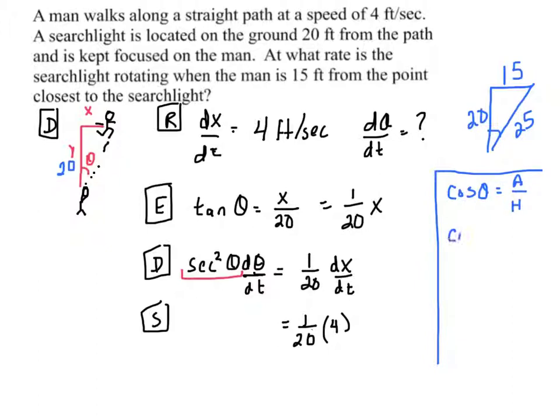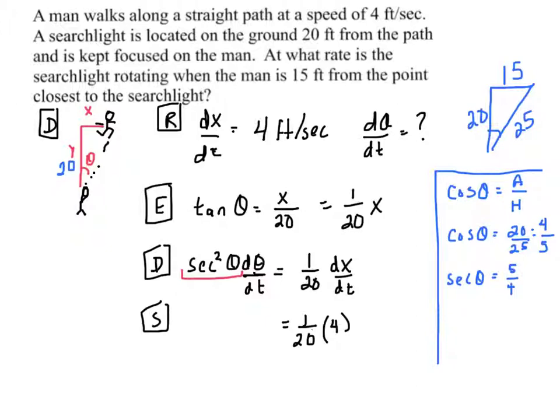So in our case, cosine is 20 over 25, or 4/5. Well, if the cosine is equal to 4/5, then the secant, which is the reciprocal, is equal to 5/4.